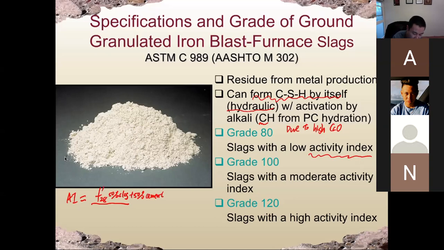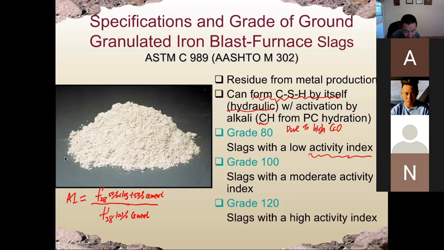Okay, so this is the strength at 28 days of the sample with 50% of slag and 50% of cement versus the strength at 28 days for 100% of cement. The water cement ratio of these two types of sample is the same.